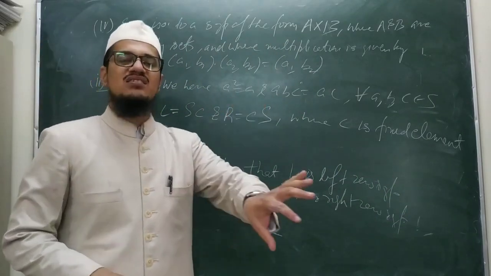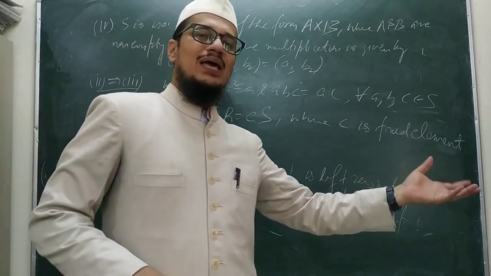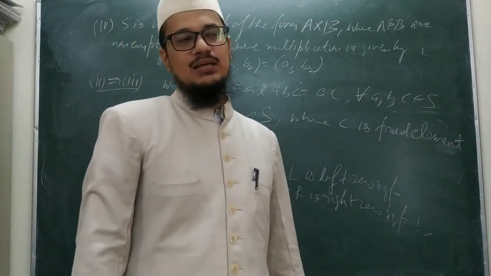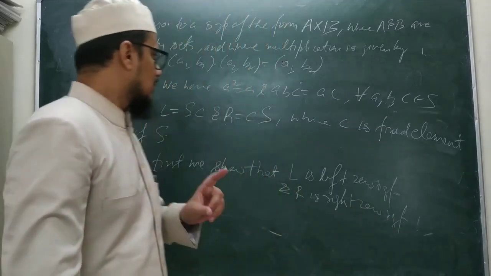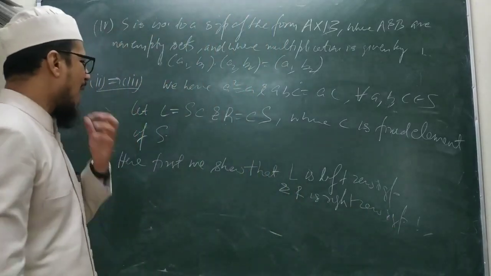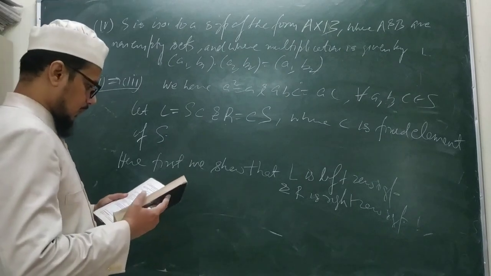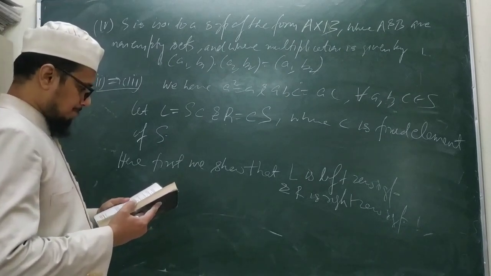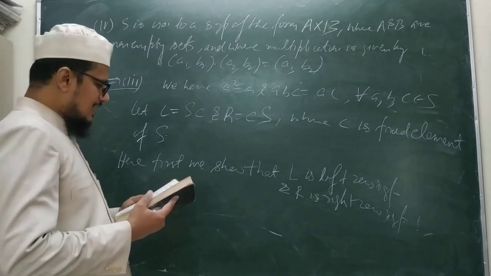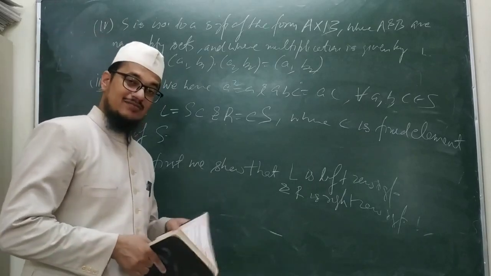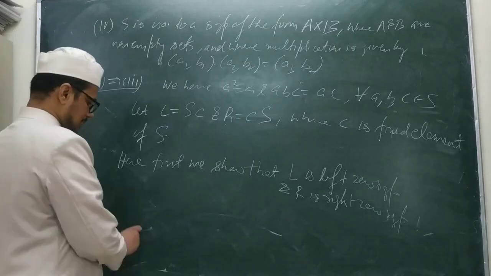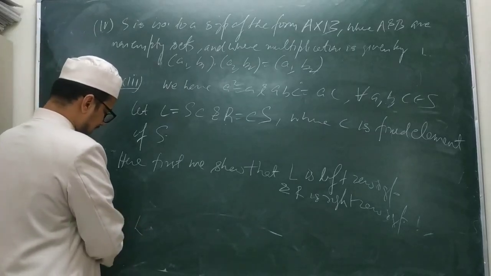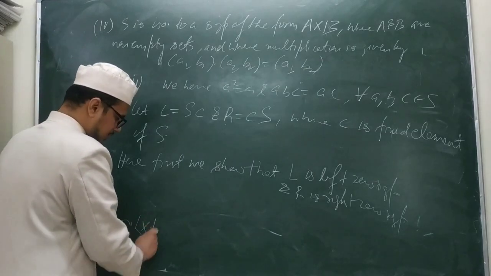We have to prove that S is isomorphic to L cross R, isn't it? Where L is the left zero semigroup, and R is the right zero semigroup. And our claim is what?